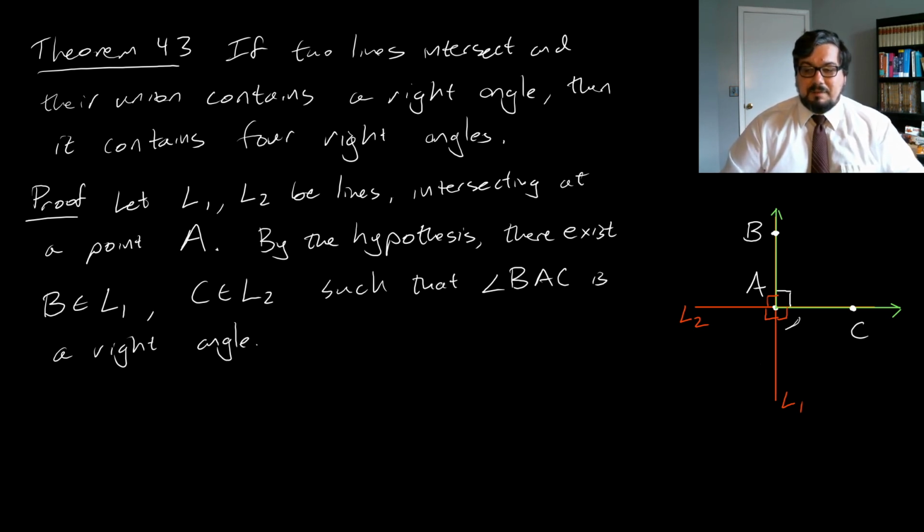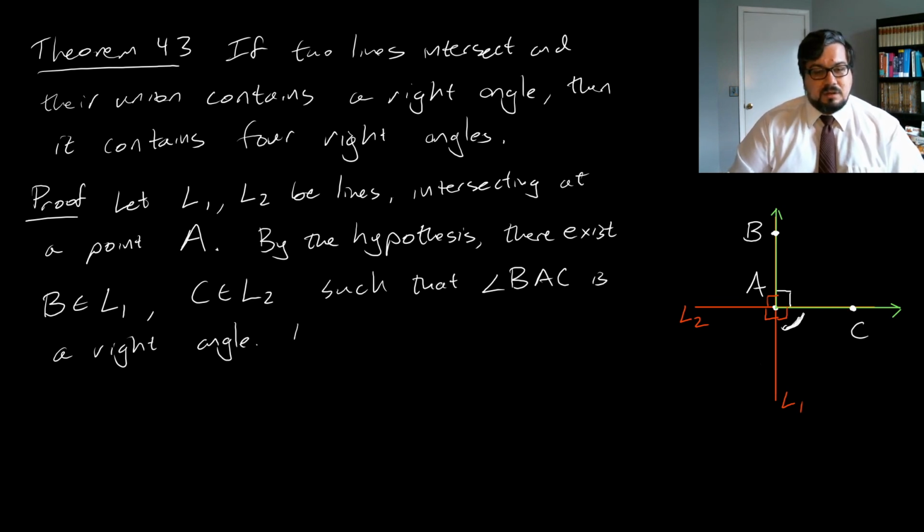If I want to talk about this angle down here, well, that involves the ray AC, but it also involves the ray on L1, which is opposite of B. And I don't have a name for that yet, so I need to give myself one.